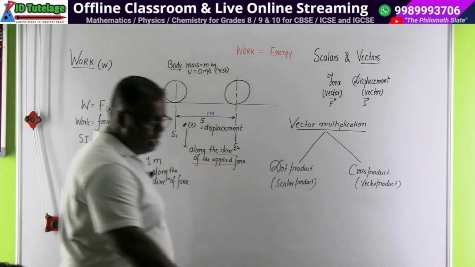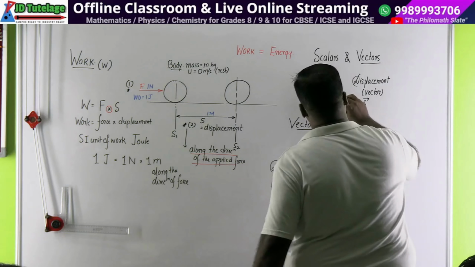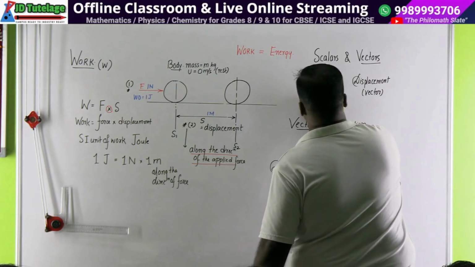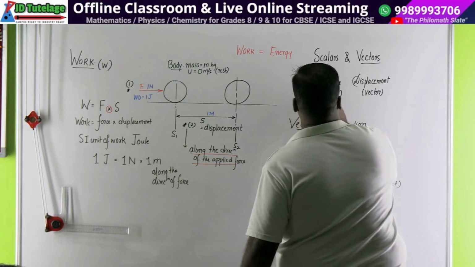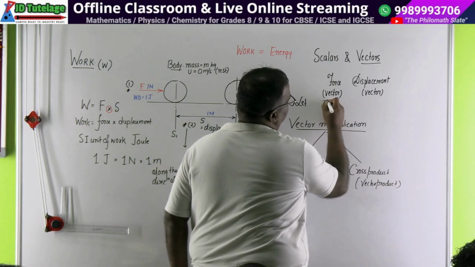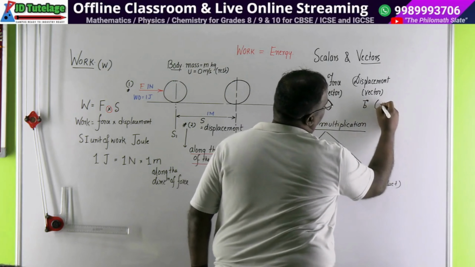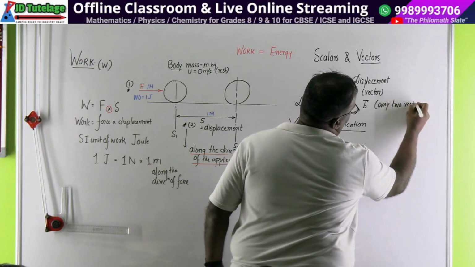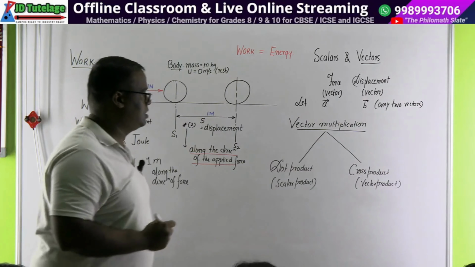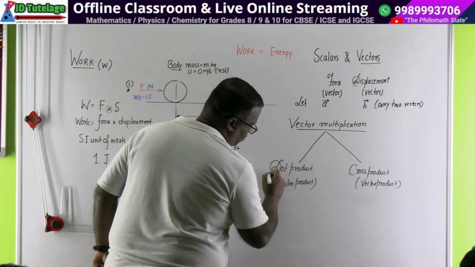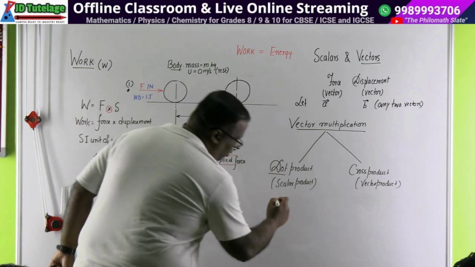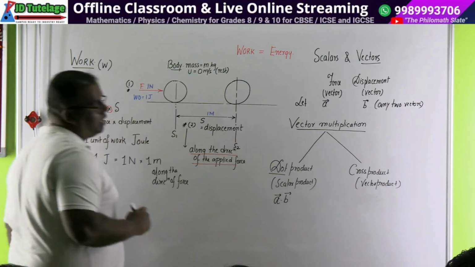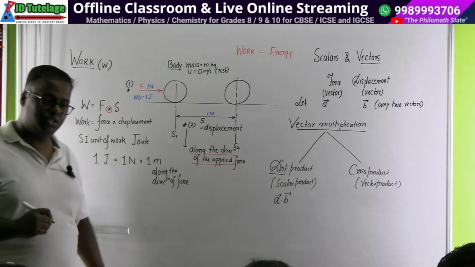So I now replace these two vectors and I bring some generic vectors out here, and I say that let me assume let A be one vector and B be one vector. Any two vectors, need not be force and all. Any two vectors. Now, when we write a dot product, observe the word dot. This product is written like this: A dot B. Understood?